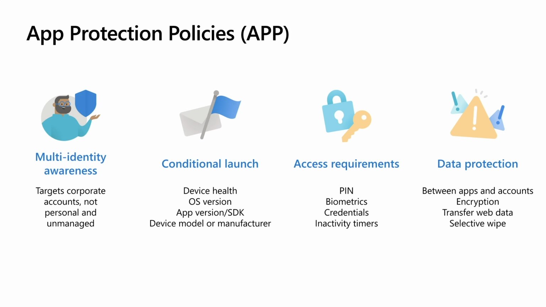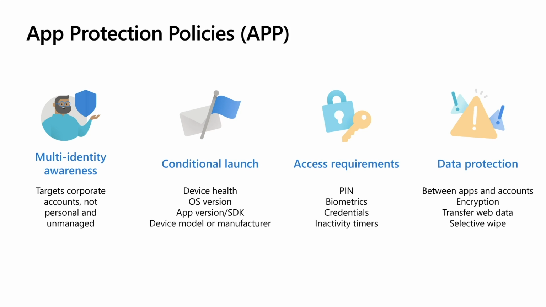We also have mechanisms to control how data can be transferred between apps that have an app protection policy and apps that do not have an app protection policy, or get even more granular and control how data can be transferred between the work or school account identity and the personal identity, and even make controls around ensuring that when tapping on a web link within the work or school account, we transfer that web link to a protected web browser so that data cannot be leaked through a browsing session.